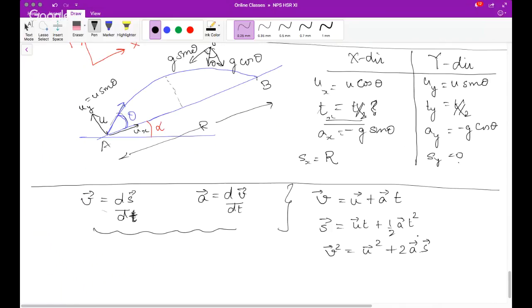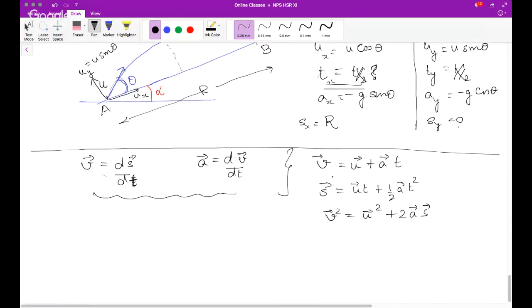And then what did we do? We resolved them into component equations, Vx, Vy, Sx, Sy, and parallelly the other quantities were also broken down into components, isn't it?